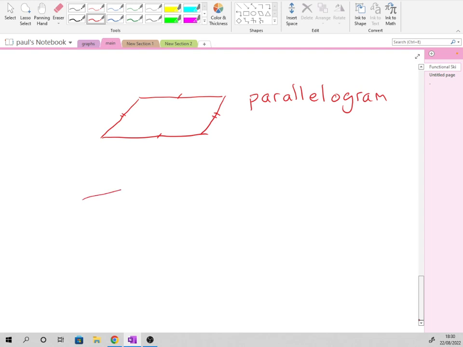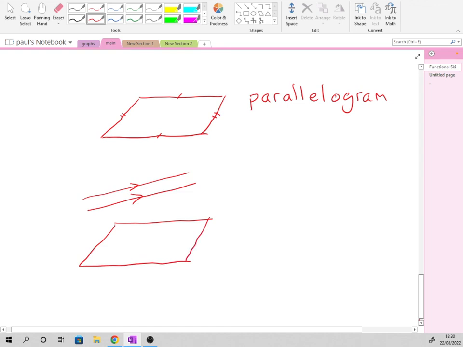Now when you have 2 lines that are parallel to each other, we usually put an arrow to tell us they're parallel, regardless of the length. So we could redraw our parallelogram like this and say that is parallel to that, and that one is parallel to that one.